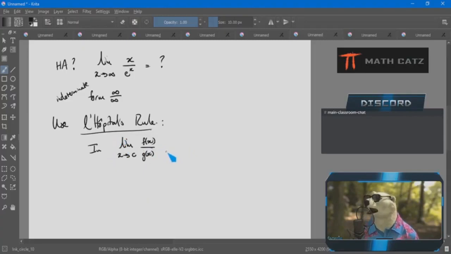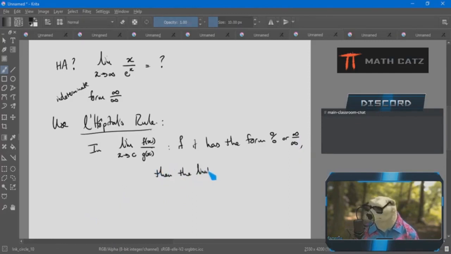If I have a limit like that, if it has the form 0 over 0 or infinity over infinity, then let's say it like this, the limit equals the same limit, x goes to the same thing, of the ratio of the derivatives.